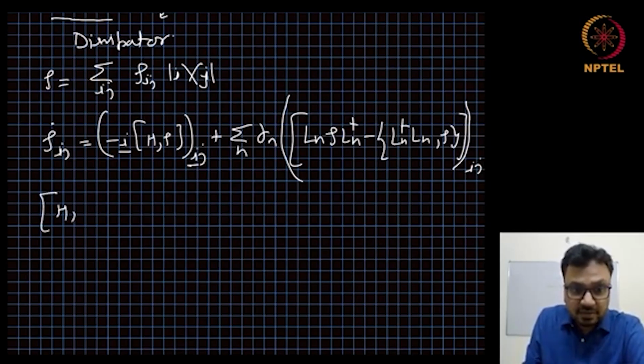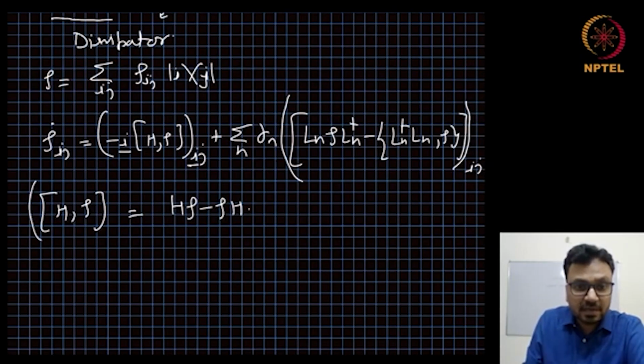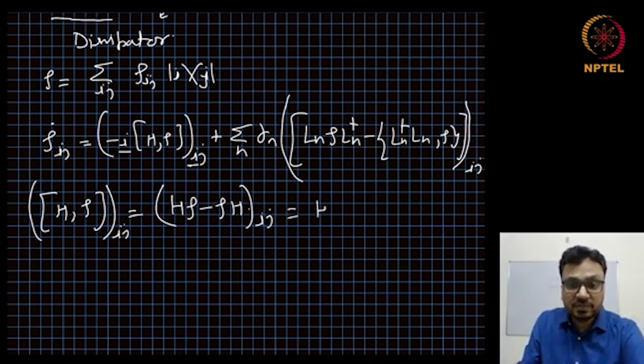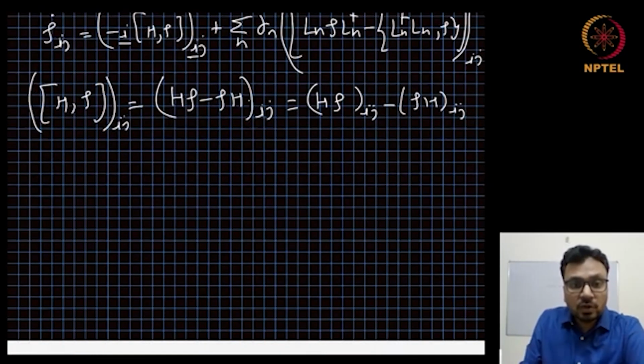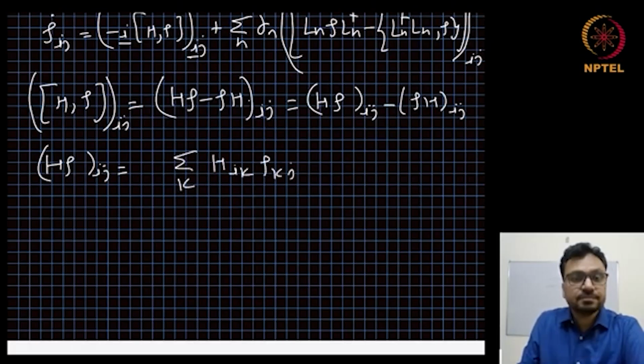Let us say we have the commutator Hρ minus ρH, and the ijth element of that will be the ijth element of Hρ minus the ijth element of ρH. Now the ij element of Hρ is the sum over k of hik ρkj.